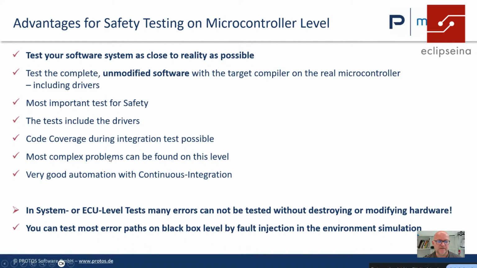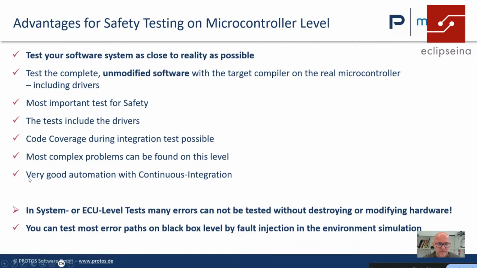Most complex problems can be found on this level, because the most complex problems are usually in the software, because it's so big. There are systems where the complex problems are located elsewhere, but most complex problems nowadays result from software problems.